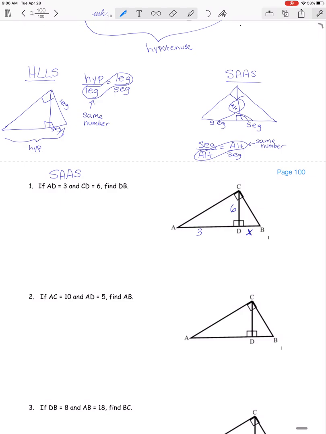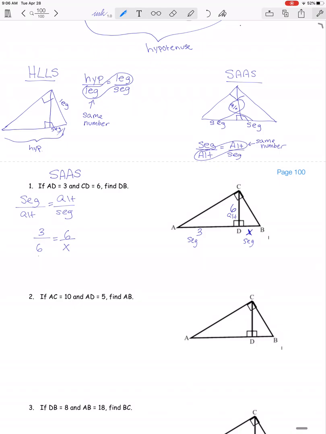So again, segment over altitude equals altitude over segment. So we have 3 over 6 equals 6 over X.